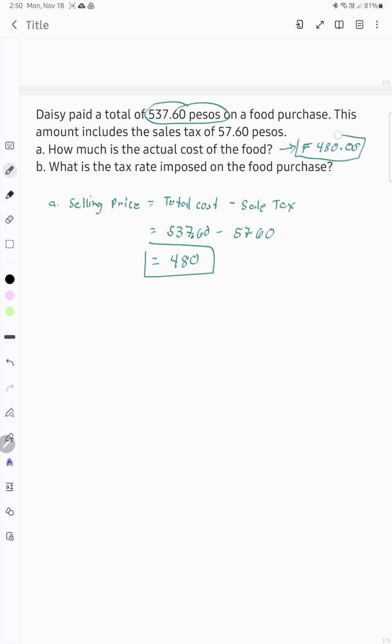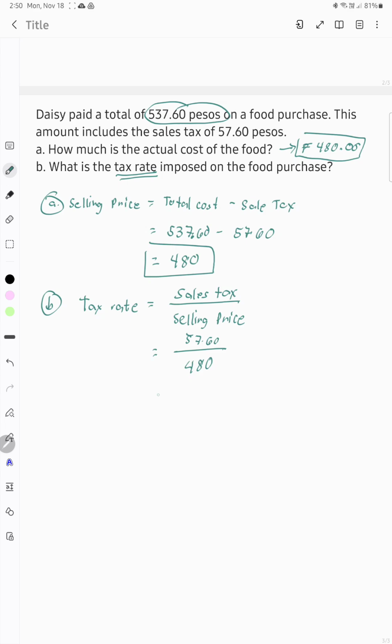Now, what is the tax rate? The tax rate would be equal to the sales tax over the selling price. The sales tax is 57.60 divided by 480.